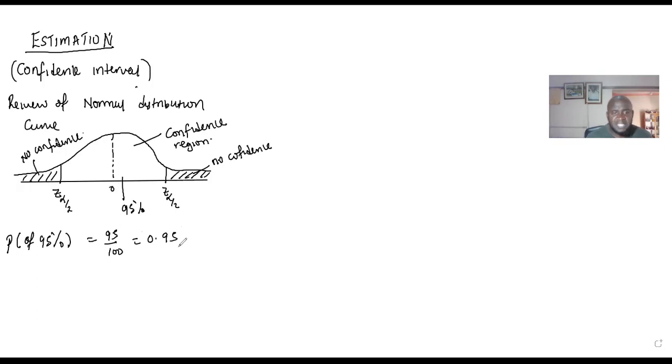When you have 0.95, what do you get? Someone press the calculator.